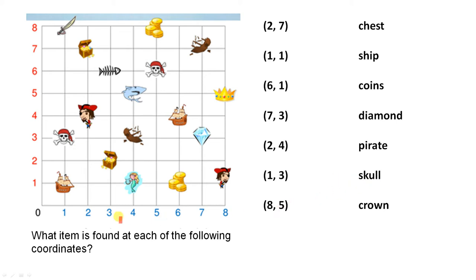And 8, 5 is the crown. So there are some great examples to help you with some map reading using coordinates.